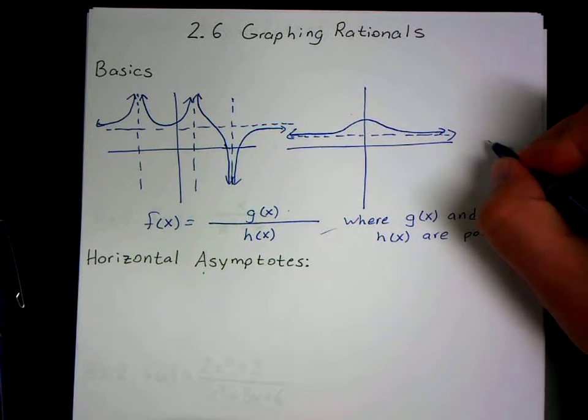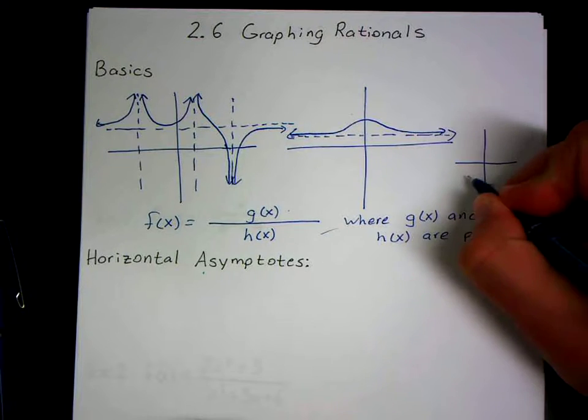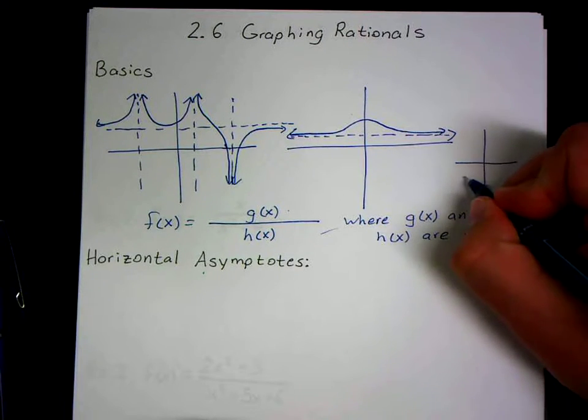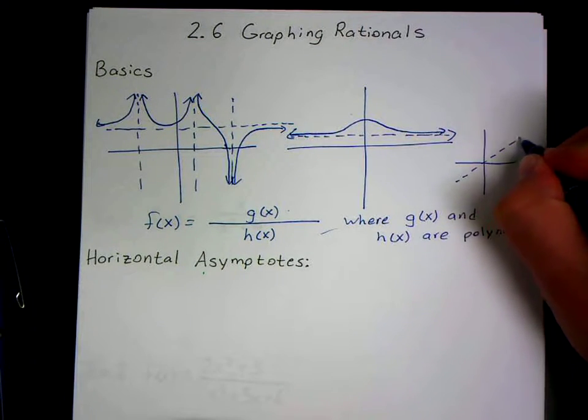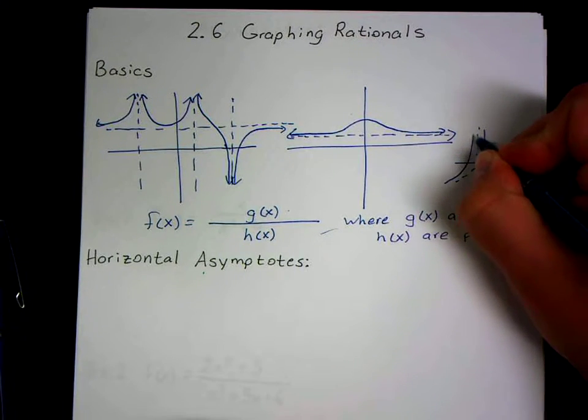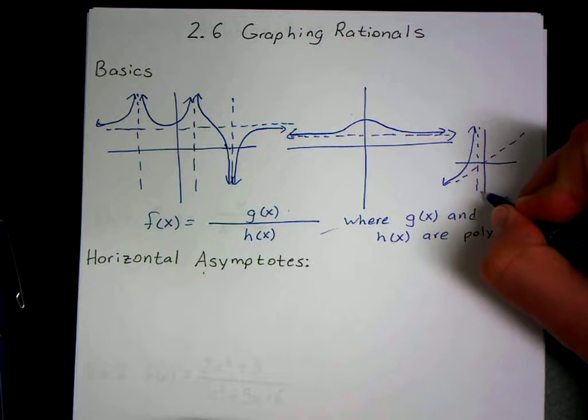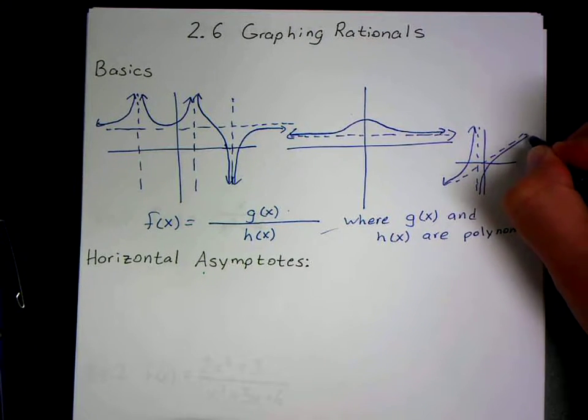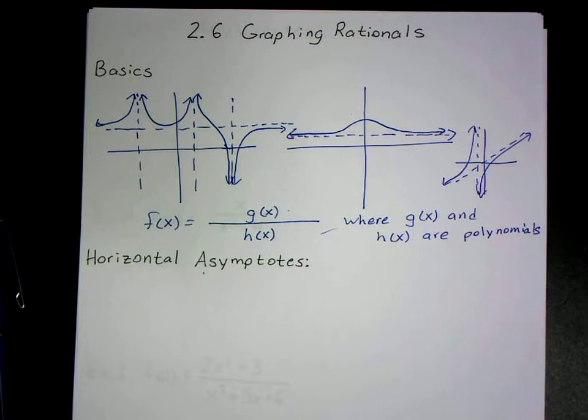Okay, we can have graphs that have things called slant asymptotes, where our graph may go like this. So we're going to talk about all those types of things.